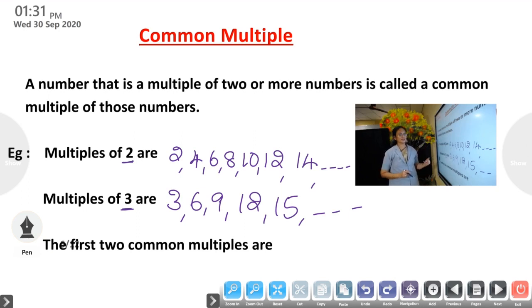Multiples of 3: 3, 6, 9, 12, 15, etc. Now, first two common multiples. We are going to write the first two common multiples.